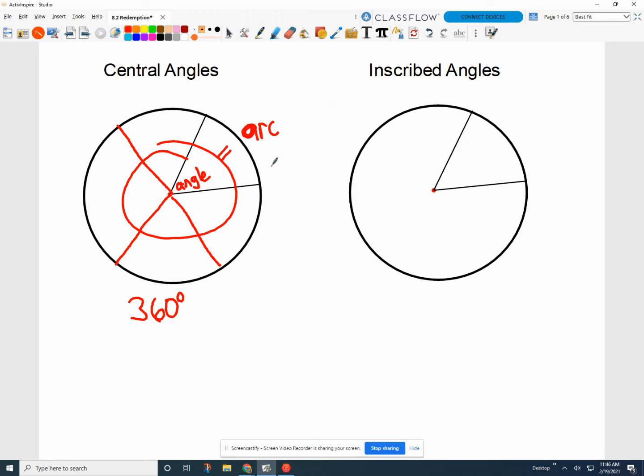Okay, the inscribed angles are a little bit different though, because let me see if I can do this right here. This is not an inscribed angle. Now I want you to pay attention to this angle measurement here. The angle's not going to move, but I'm going to move the circle. An inscribed angle, I want to basically pull this little red dot back here to the other side of the circle.